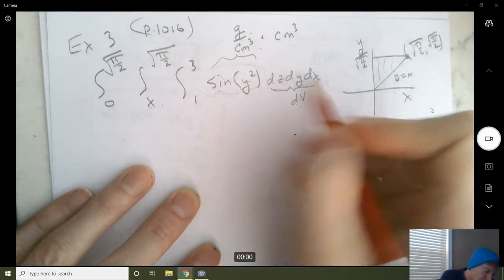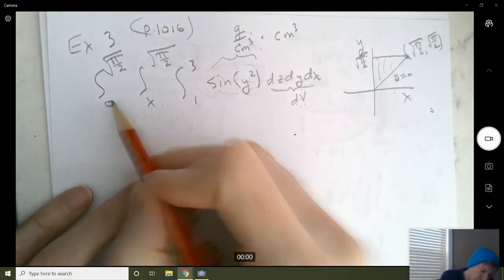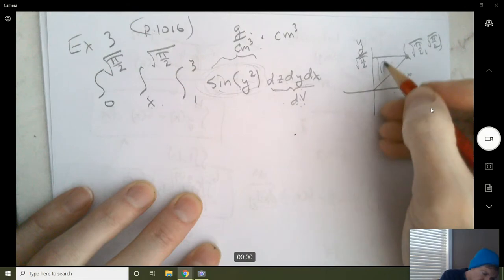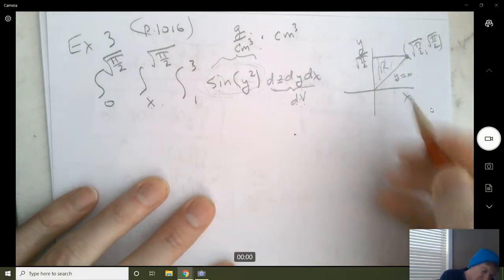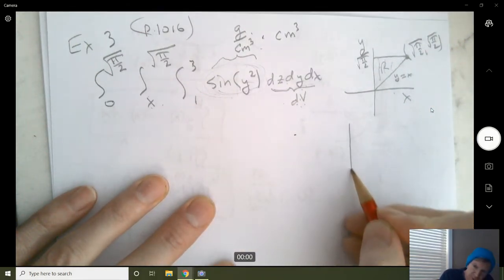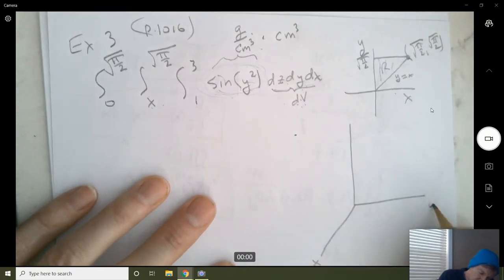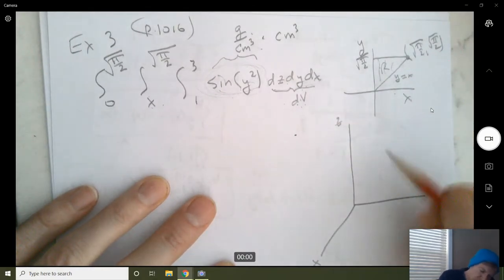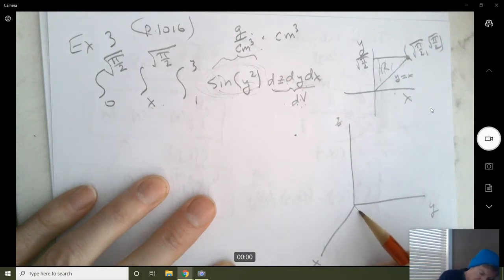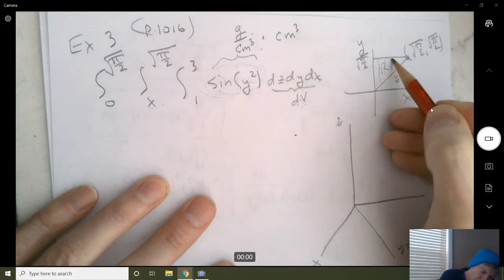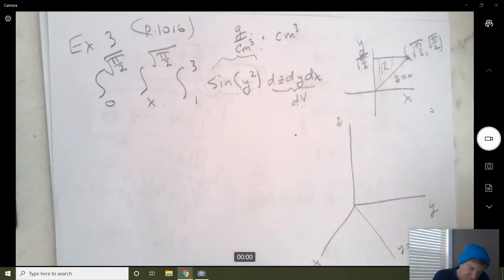Now x goes from 0 to root pi over 2. So that gives us this region. Call that R. Now the z goes from 1 to 3. So if we draw this, x, y, and z. This is going to be y equals x. And we'll draw y equals root pi over 2.